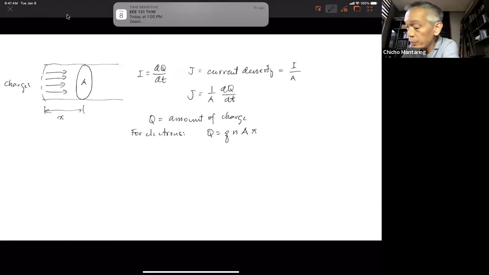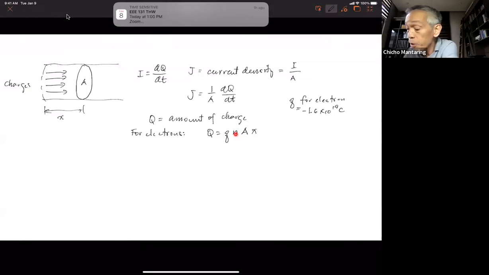So again, what is Q? Q is your amount of charge, the number of coulombs. We know that, for example, q for an electron is equal to minus 1.6 times 10 to the minus 19 coulombs. So q is the value of your charge, and n is your electron concentration, the number of electrons per cubic centimeter.